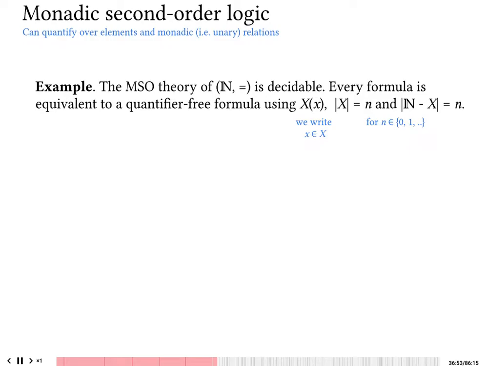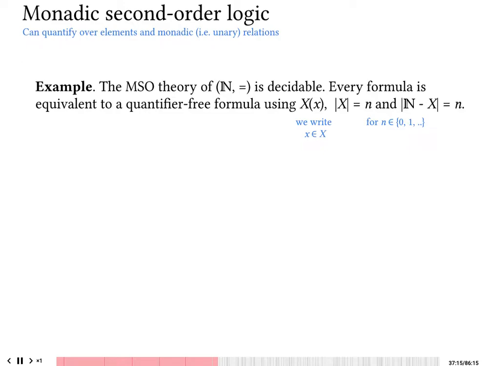These are the only things that you can say, and you can show that quantifier-free formulas which use these basic formulas, and equality of course, are the only things that you can express in this logic. This is proved by induction on formula size. So this has a decidable MSO theory.